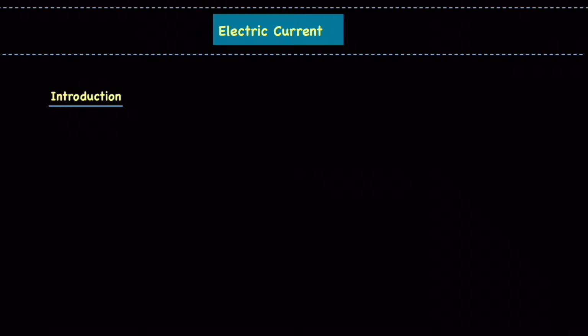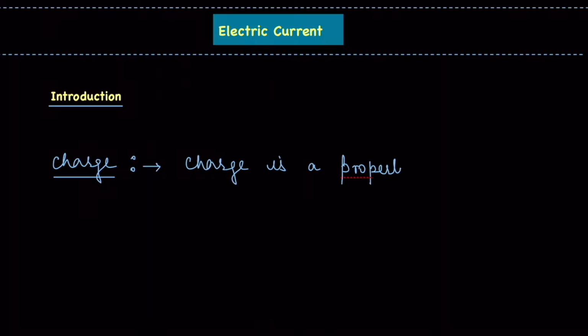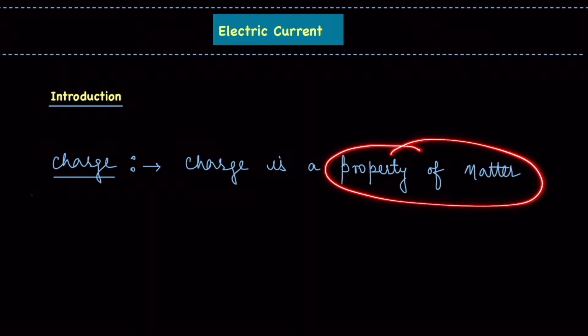So in electric current, we first focus on the introduction of this chapter. The first thing that we have to know is charge. Charge is a property of matter. So what is the meaning of property of matter?